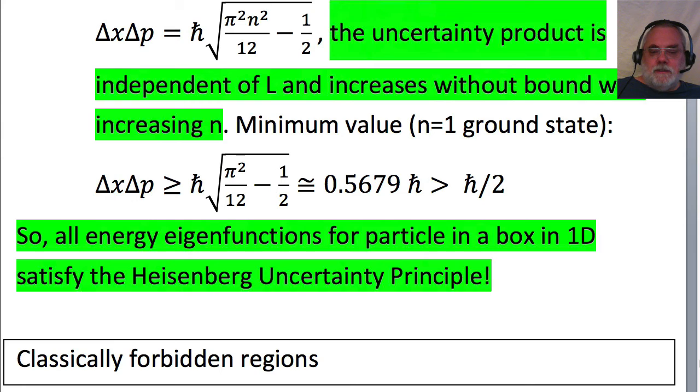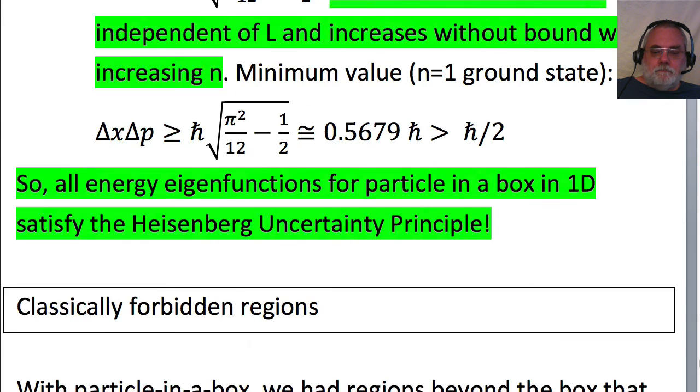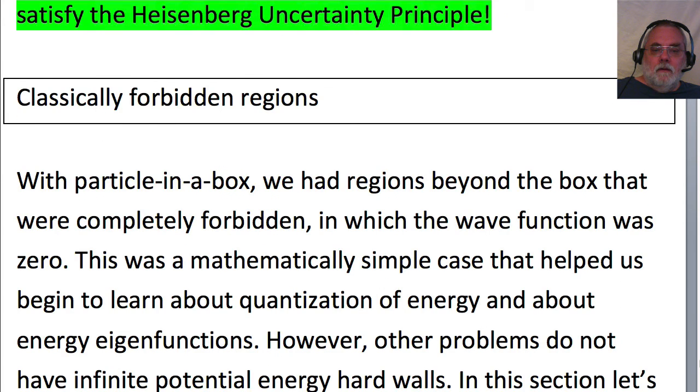Classically forbidden regions. With particle in a box, we had regions beyond the box that were completely forbidden, in which the wave function was 0. This was a mathematically simple case that helped us begin to learn about quantization of energy and about energy eigenfunctions.